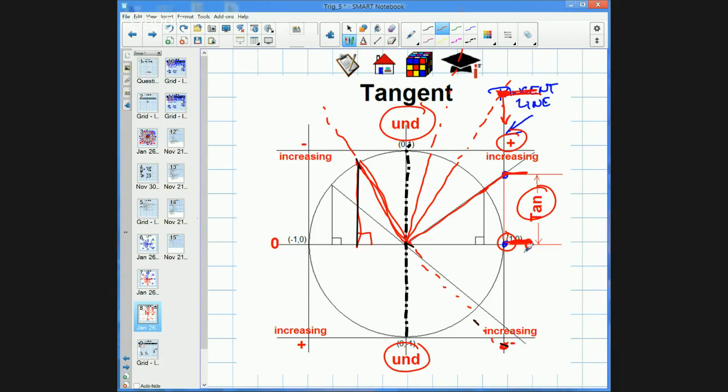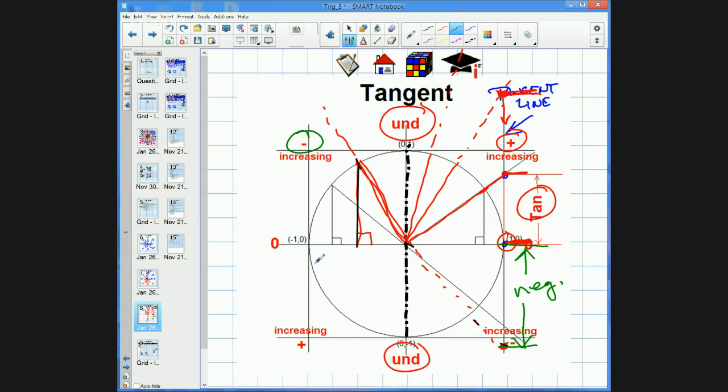So now the tangent changed to green here. Now the tangent goes from there downward until there. And so now we have a negative tangent. So that's why second quadrant has a negative by it.